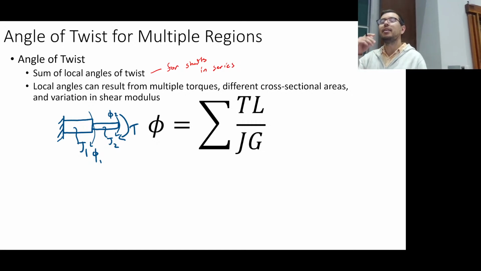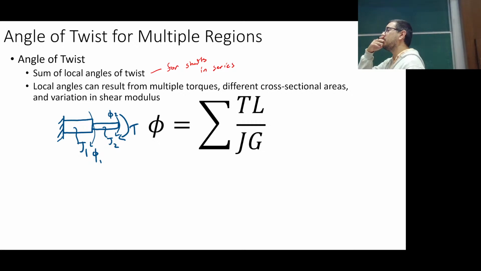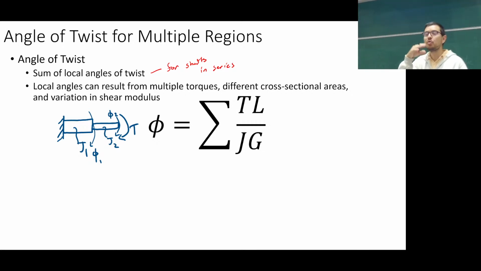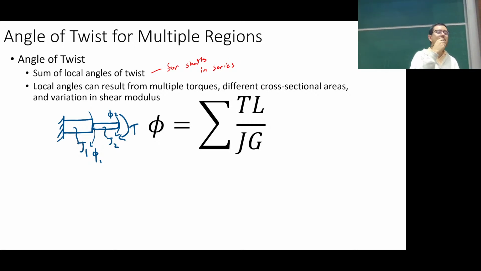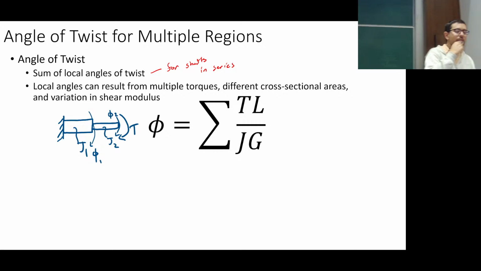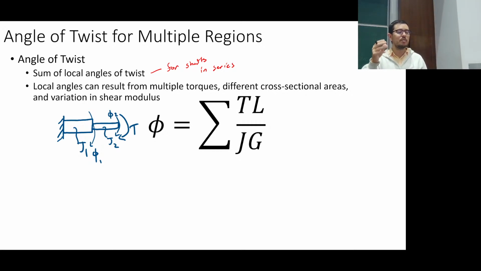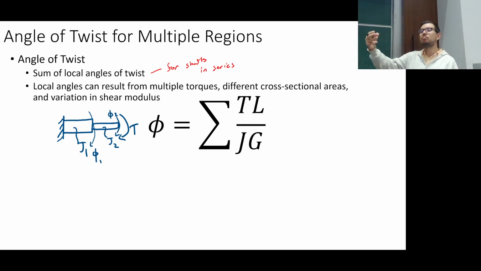Why am I saying that? Why is this for shafts in series? And you can kind of see this drawing that came up too. What do I mean by that? Someone, describe it. What are we talking about when we say phi is equal to the summation of these angles of twist?